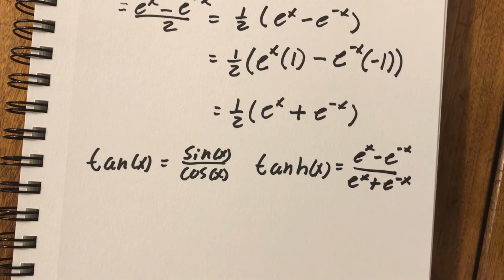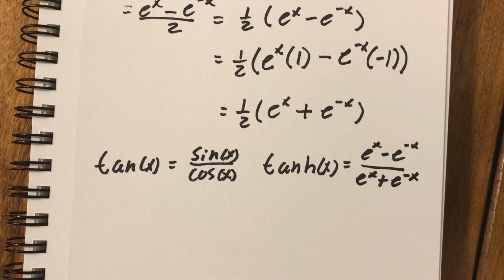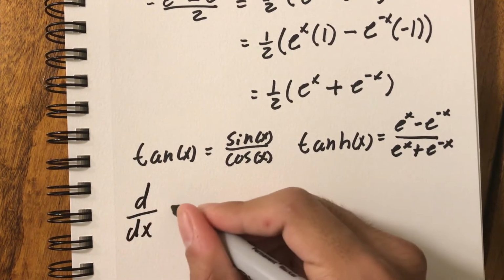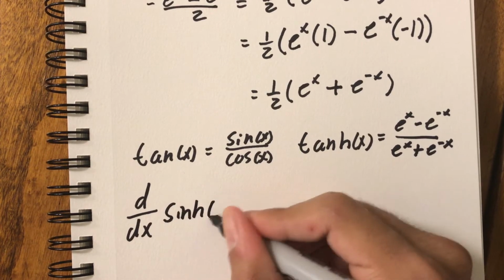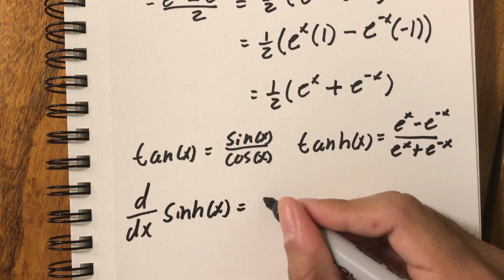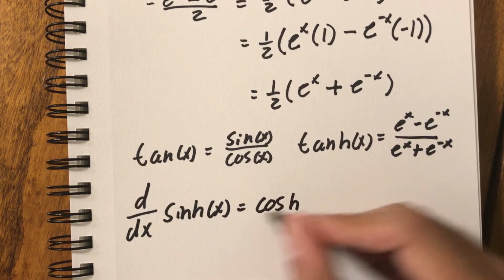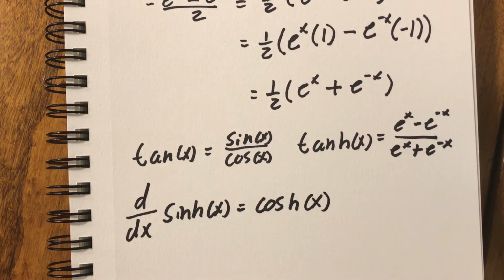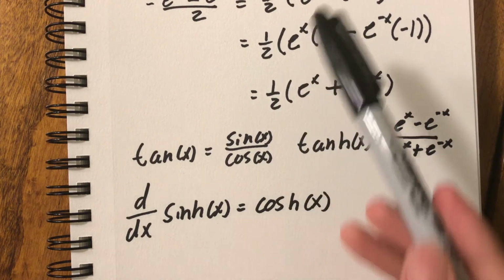So the thing you really need to know is their derivatives. The derivative of sine of x is equal to hyperbolic sine. And that's basically all you need to know. Now they all behave that way.